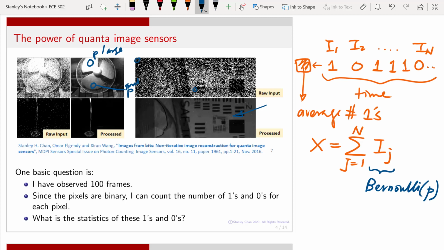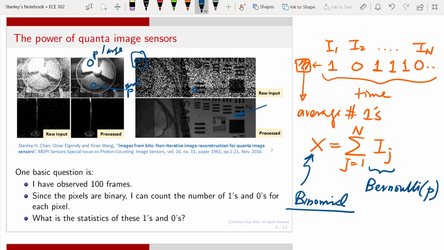So now we are looking at random variable X. It is a sum of Bernoulli random variables with parameter p, and I'm looking at one particular location. Now you're summing all these Bernoulli random variables, and we ask, what is the statistics of this random variable X? And it turns out that this random variable X is a binomial random variable.